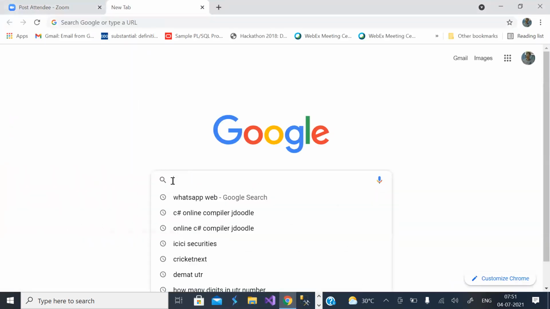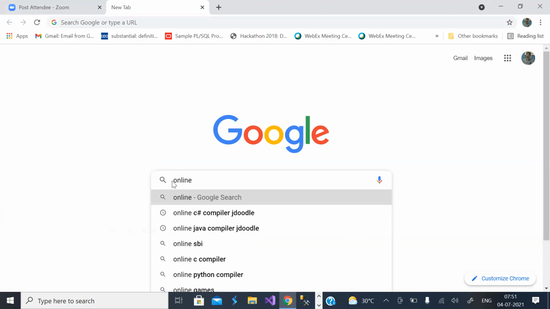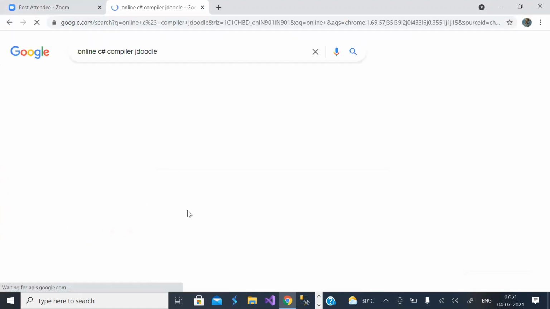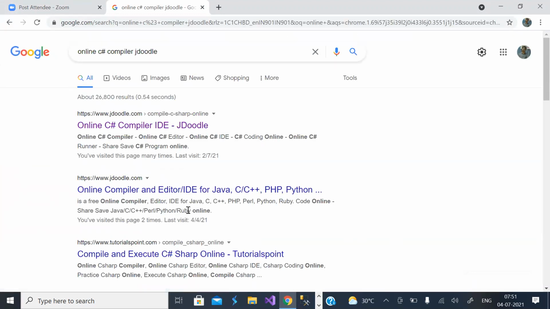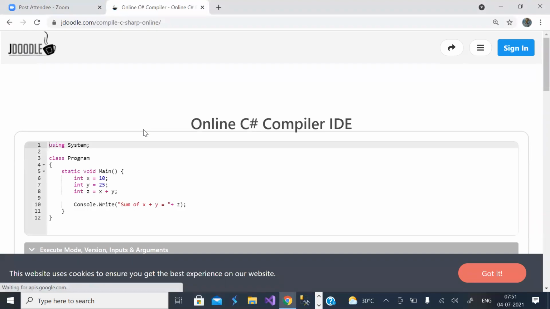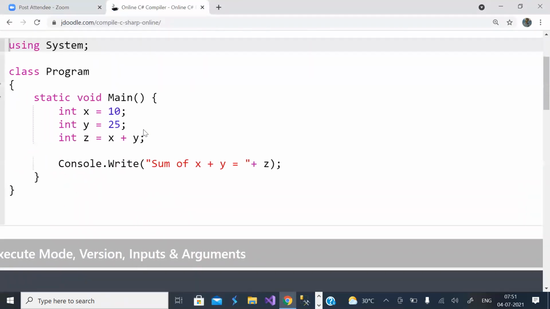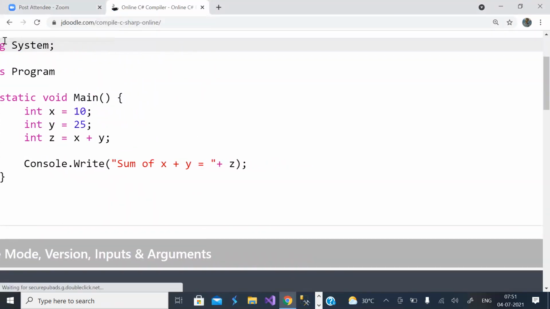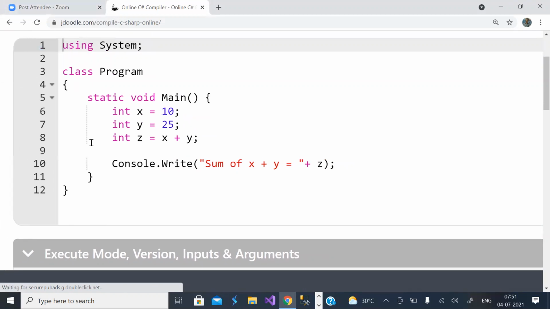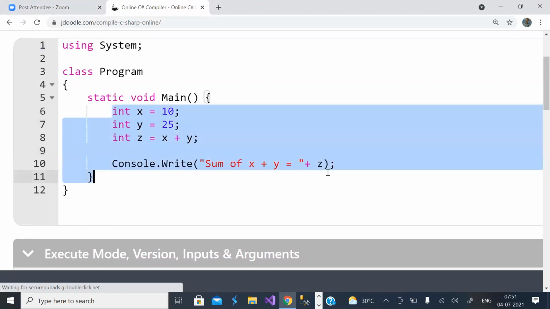Let us go to an online C# editor. The code is simple. You need not go to a Visual Studio project for it, which takes a lot of time. So we have a class and we have a method.